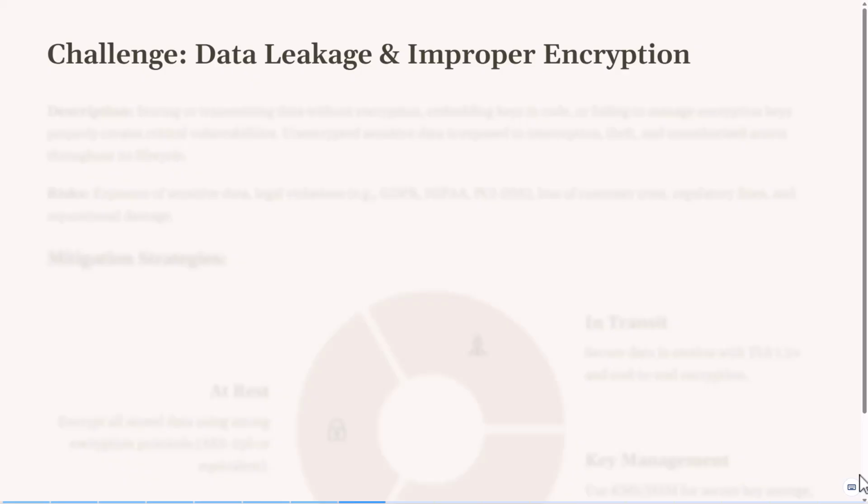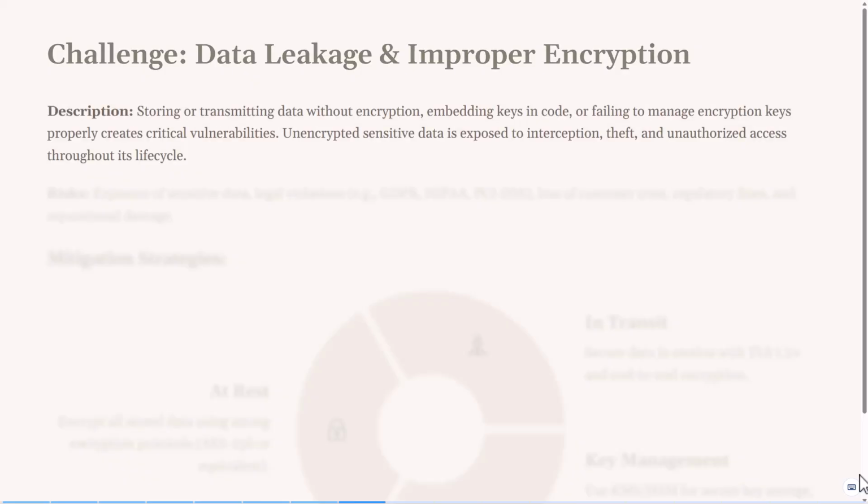Next challenge is about data leakage and weak encryption. It means that data is stored or transferred without proper encryption. Sometimes encryption keys are not stored safely.